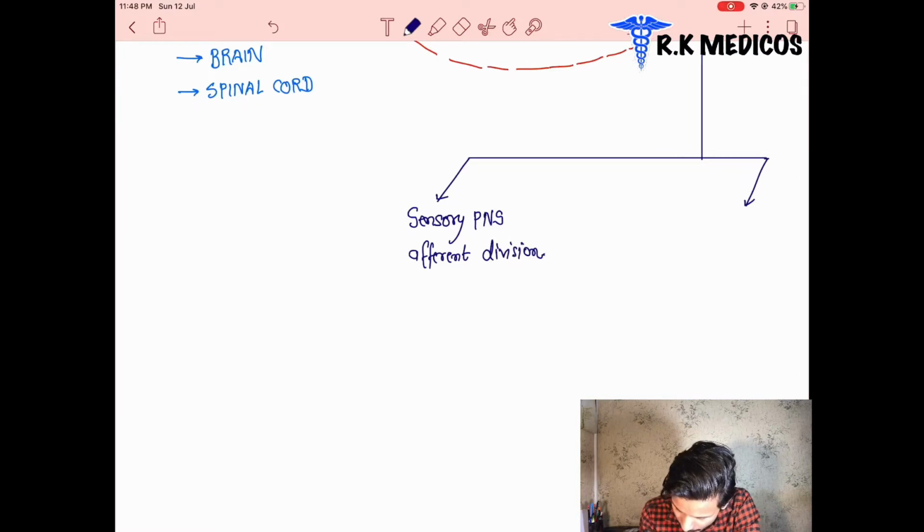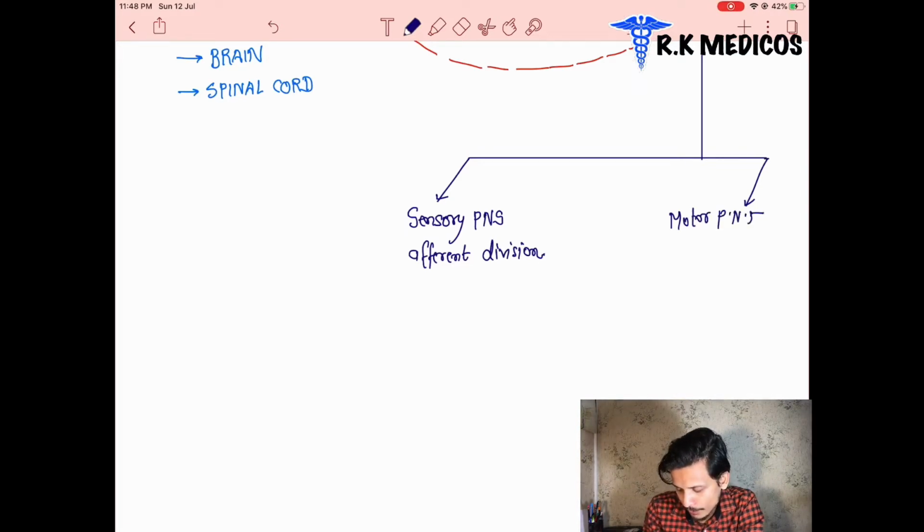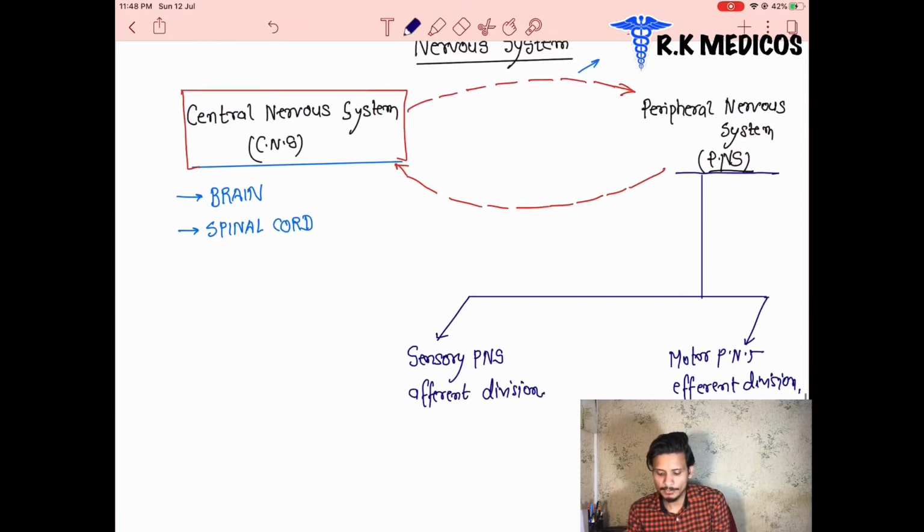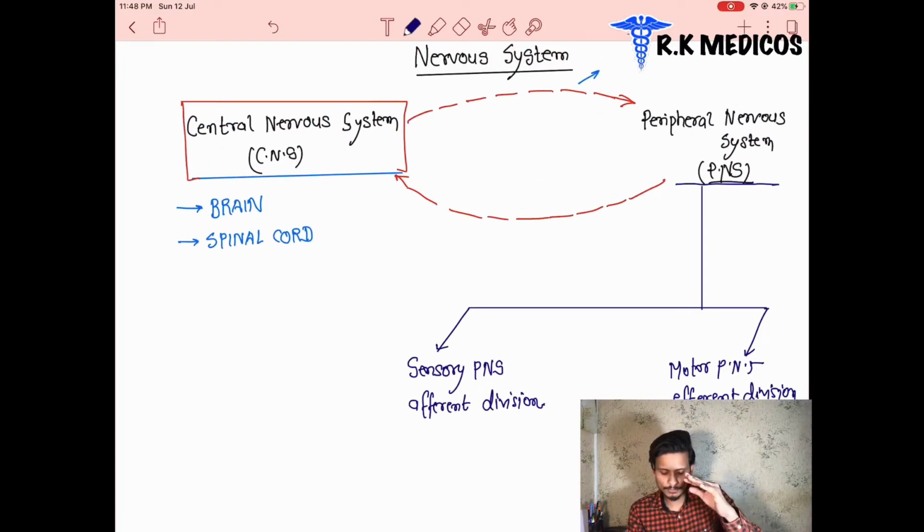Next, there is the motor PNS, also called the efferent division. What does it mean? The peripheral nervous system has two parts. The first is sensory, which carries sensory impulses and transmits them to the central nervous system, and the motor PNS also carries impulses, but it regulates activity.